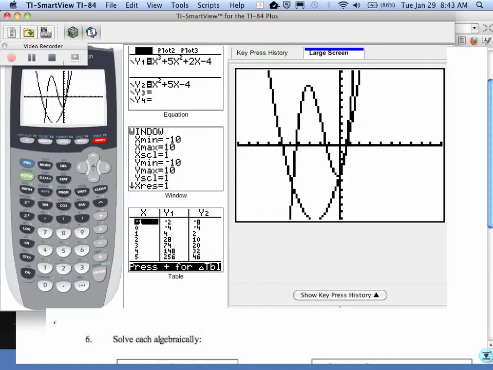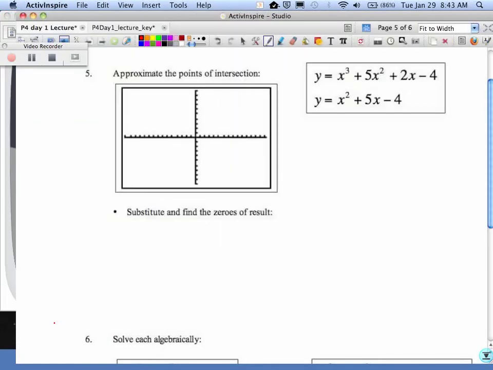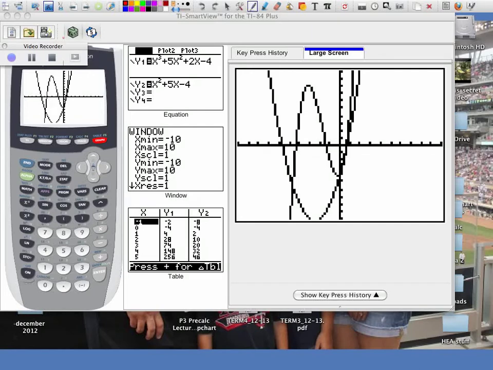It's tough to even see what's going on. But I for sure see an intersection there. So you guys can find the intersection. You go second trace to calculate the intersection. Move the cursor so it's over there. But what's happening, and it's tough to see, is we're hitting here and we're hitting here.